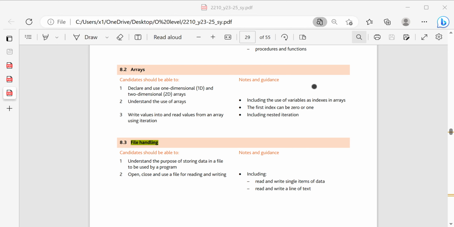Then we have auto correction. Sometimes a programmer does not spell a basic programming construct correctly, or does not use all the parts of that programming construct.